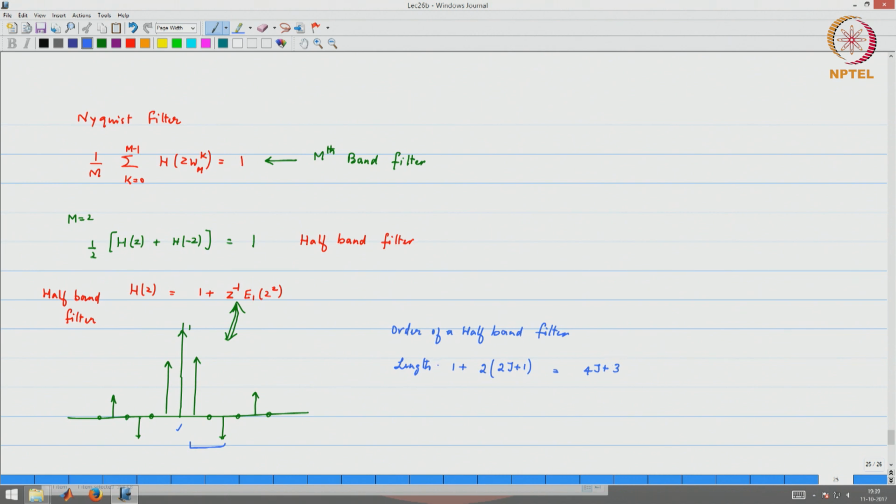Okay. If this is the length of a half band filter, the order is always 1 less, assuming that I have shifted them all to make them causal. The order will be 4j plus 2.